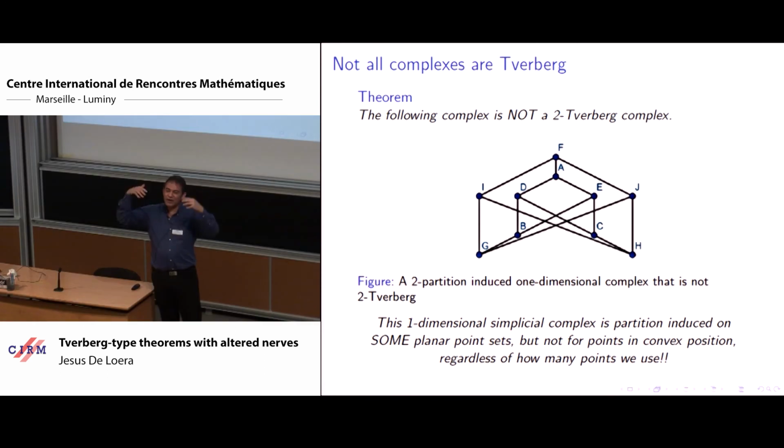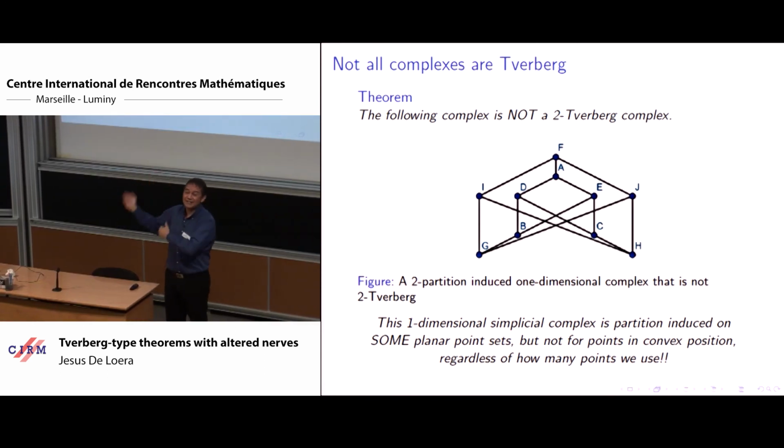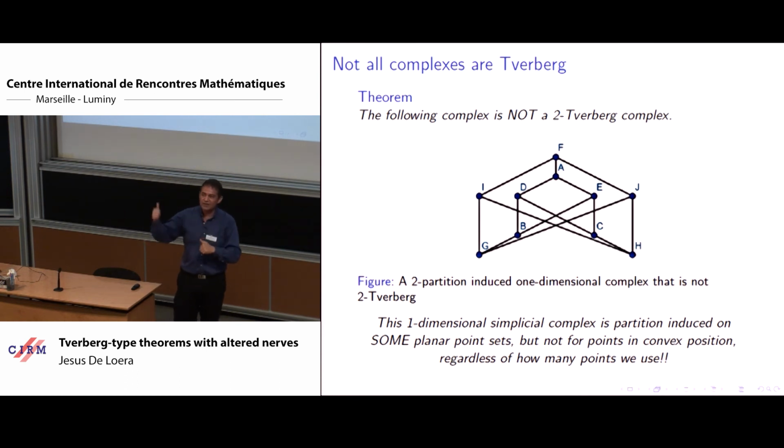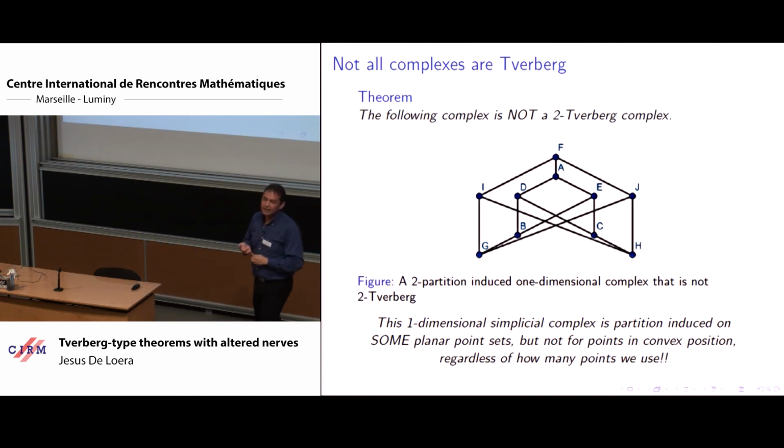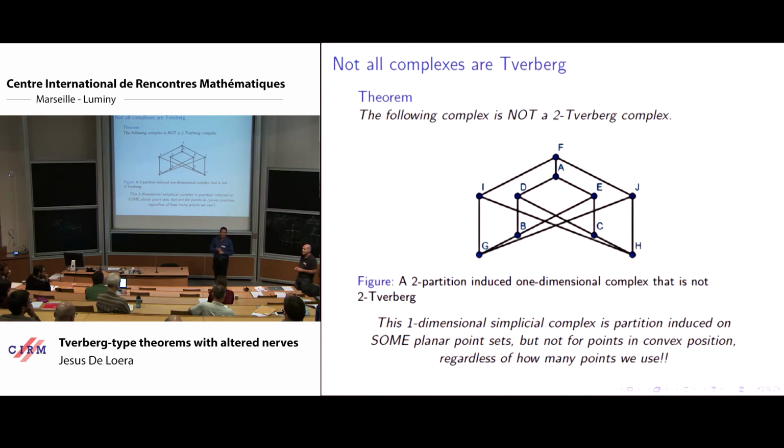Because our things have to be realized as intersections of convex sets, those will not be of this kind. But they are really more weird, in the sense that they are not even realizable as convex sets. They are higher dimensional, not graphs. The smallest example I know is, I think, the second barycentric subdivision of the 5-simplex. So they are high dimensional. Dimension 5 is the smallest example I know.